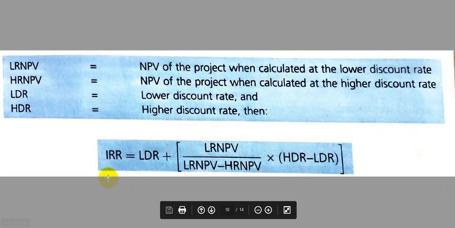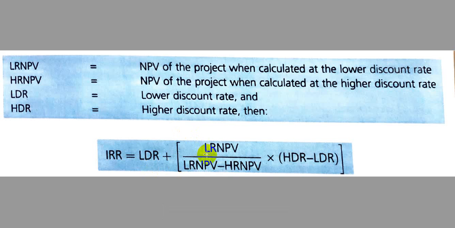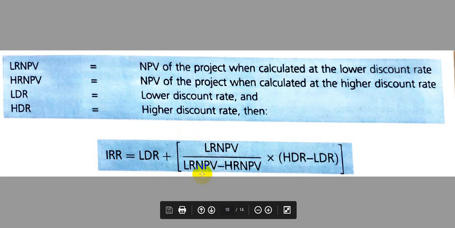This equation says that IRR equals the low discount rate, which is 4% in our case, plus the low rate net present value, the net present value that we have calculated using the low interest rate, divided by the low rate net present value minus the high rate net present value.